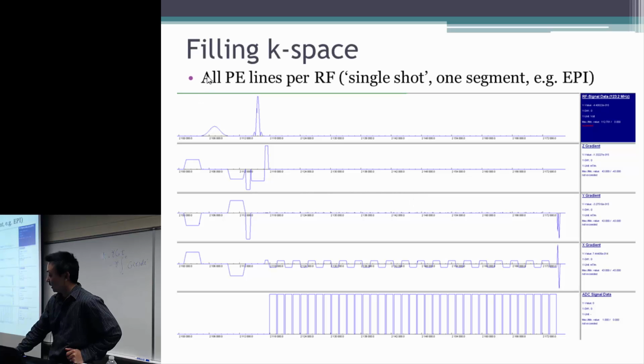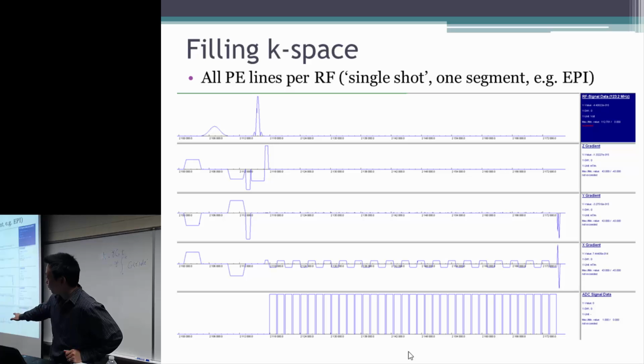And last is we collect all the phase encoding lines for each RF pulse, for each excitation. I'm just showing this for demonstration; usually if we collect all the phase encoding lines, the echo train length is much longer than this one.